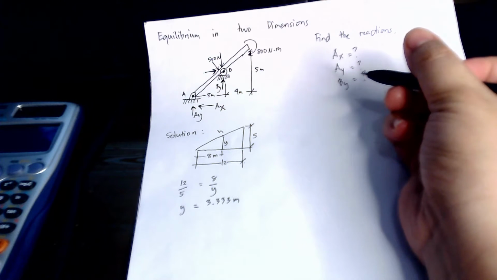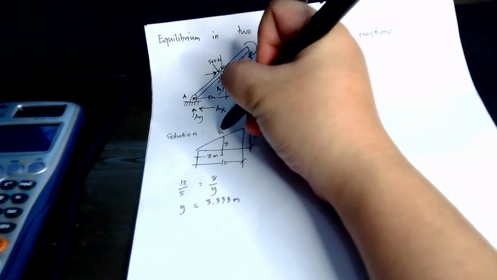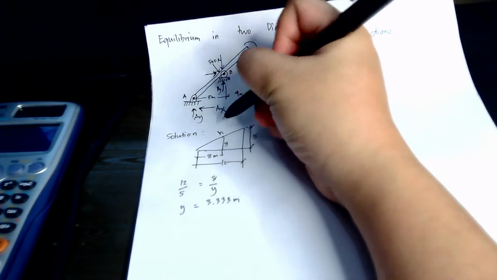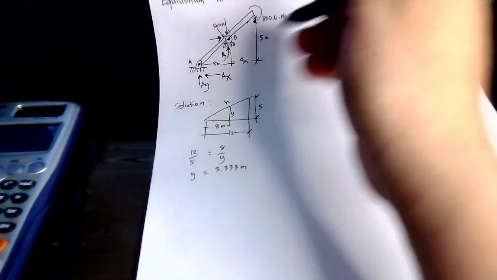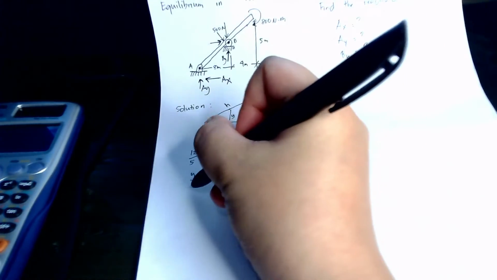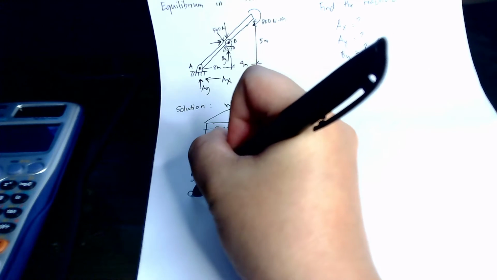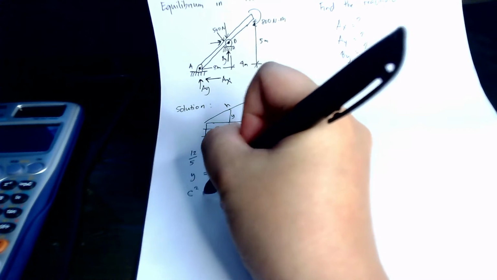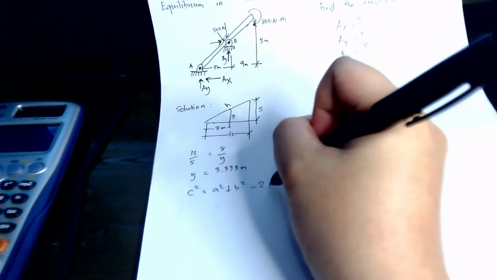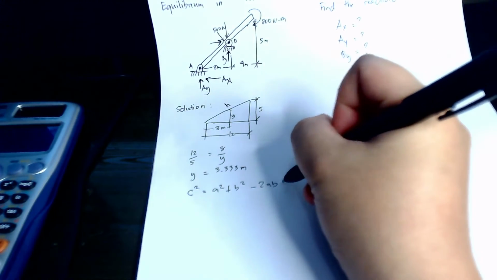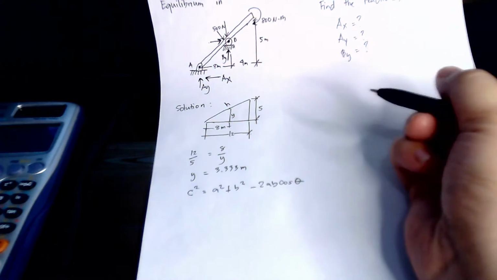And we will find this H. Are you familiar with the formula for finding H? That is C squared equals A squared plus B squared minus 2AB cosine theta.